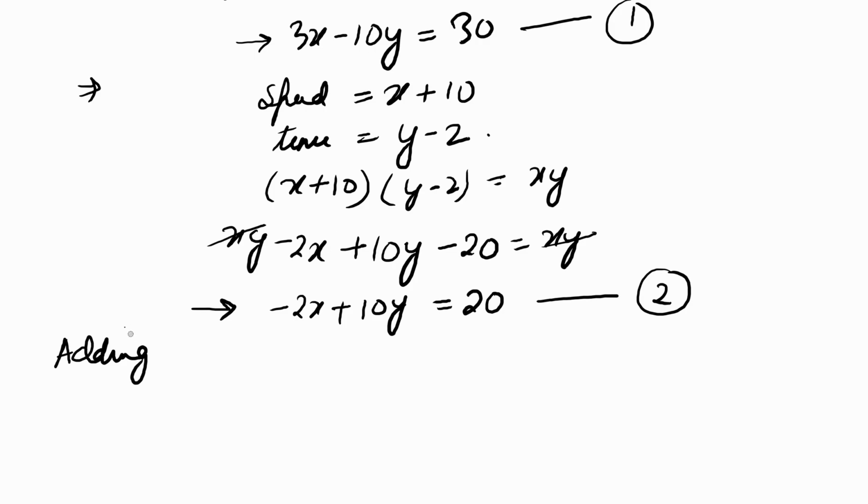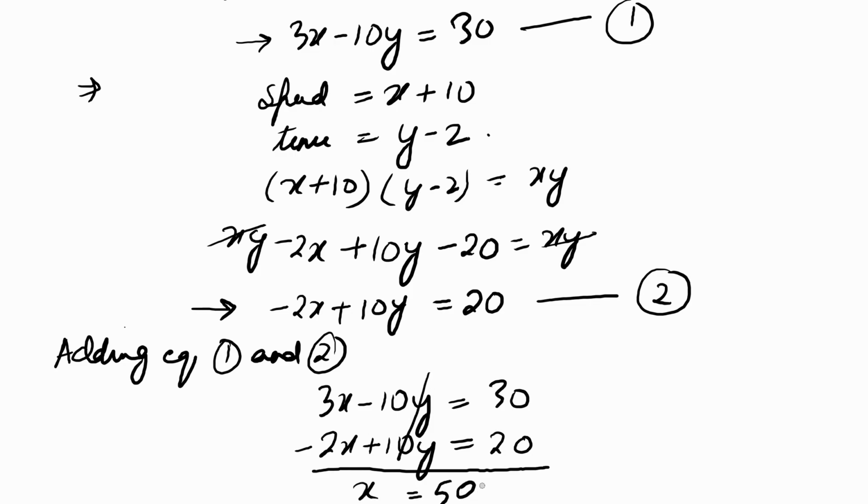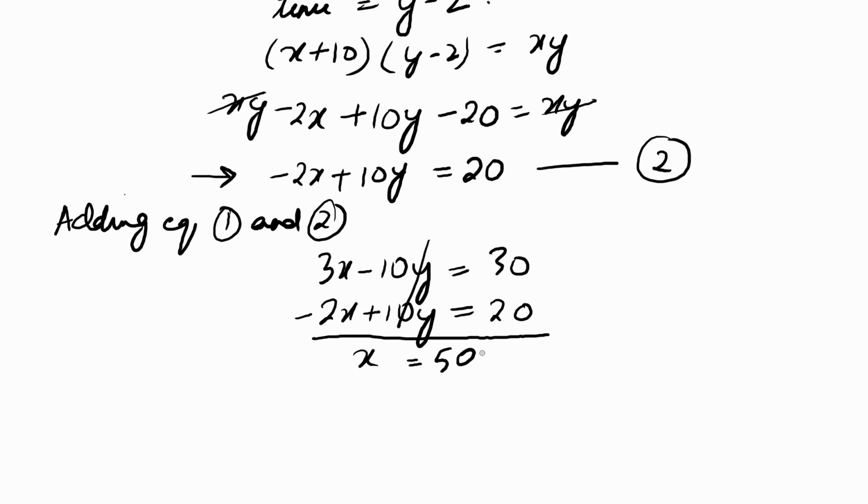Adding equation 1 and 2, 3x minus 10y is equal to 30, minus 2x plus 10y is equal to 20. When I add, these both will cancel out. This will become x is equal to 50.